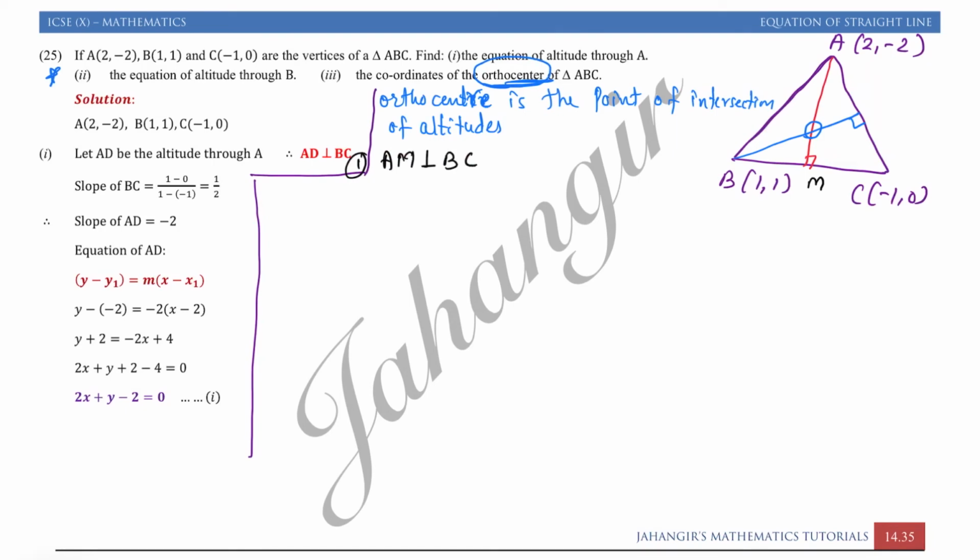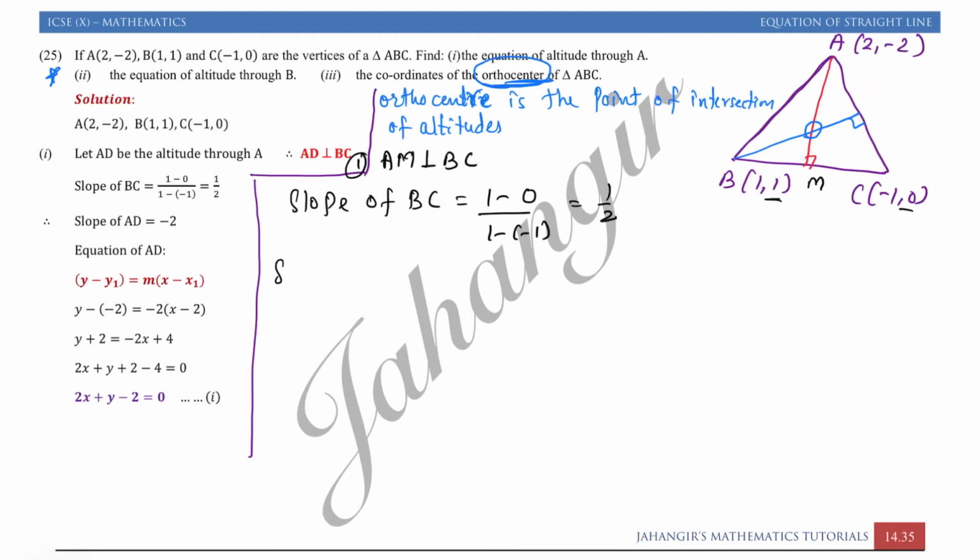So we will say slope of BC is equal to y2 minus y1, that is 1 minus 0 upon 1 minus of minus 1, that is 1 by 2.